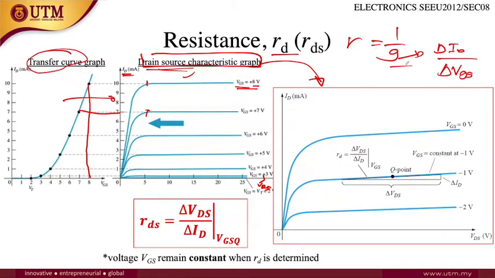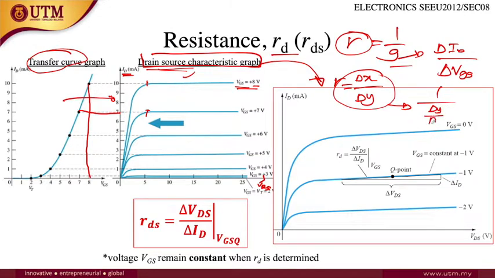To define R, it will be the other way around, since it is 1 over G, so it will be delta X over delta Y, where the original is 1 over delta Y over delta X. So it can be rewritten like this.